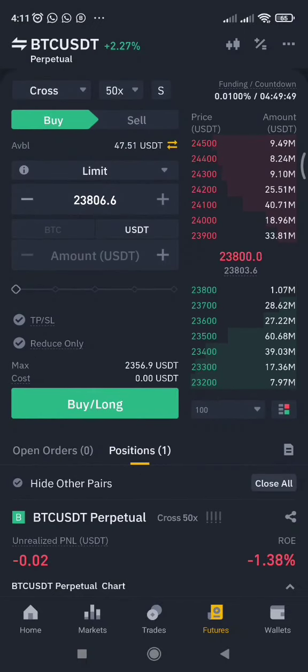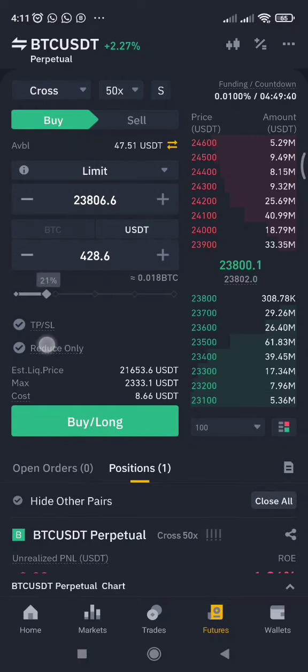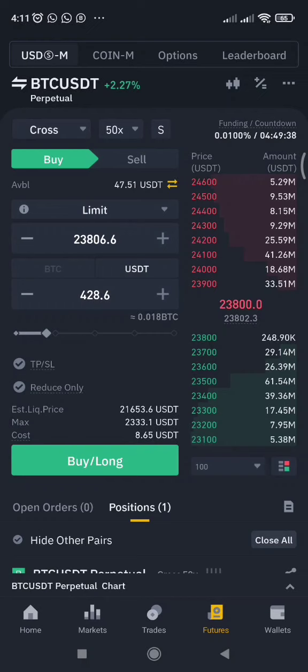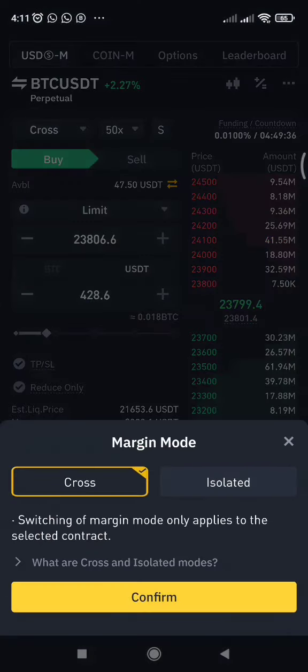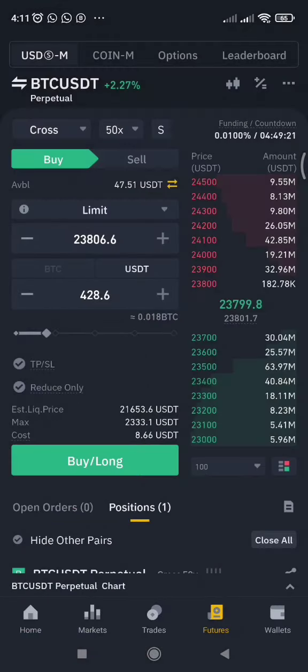I inputted the entry price at the limit they gave, and then chose a margin to use, and also the leverage. And also I selected the cross. I love using the cross because it gives me enough equity to withstand any form of crash or so. So this is it.